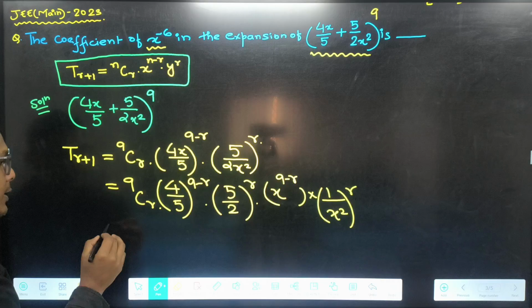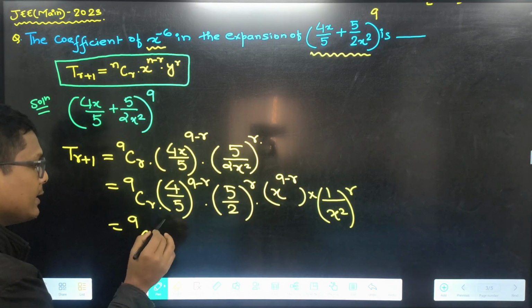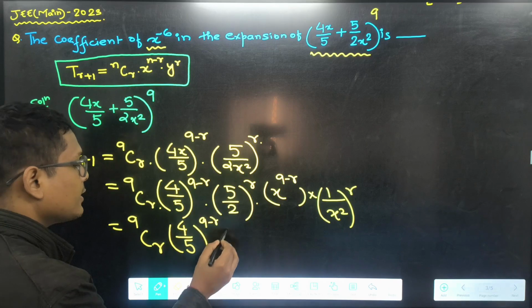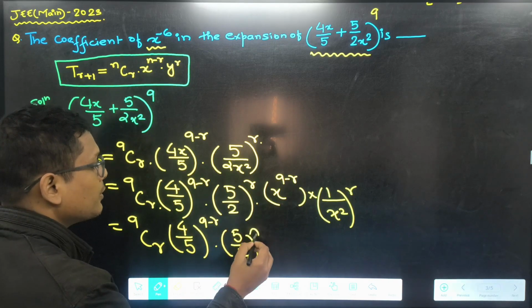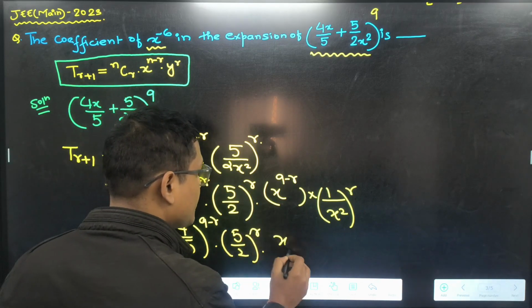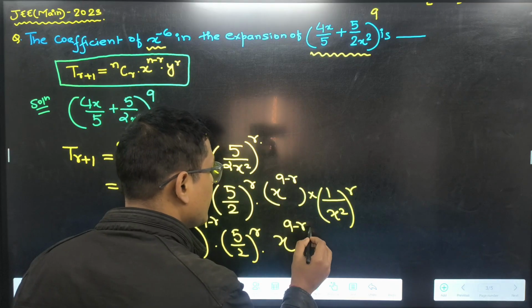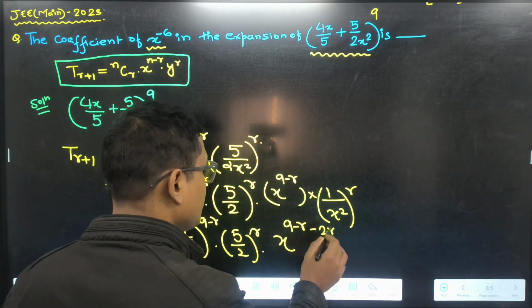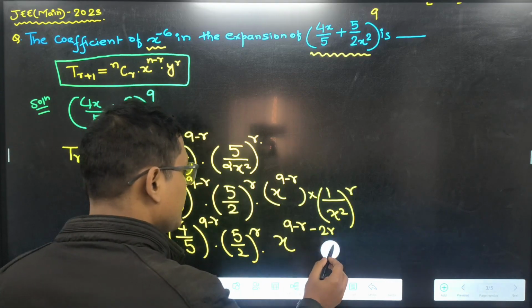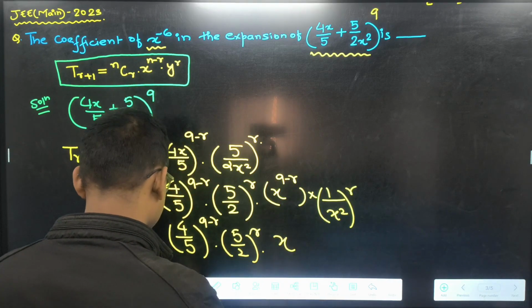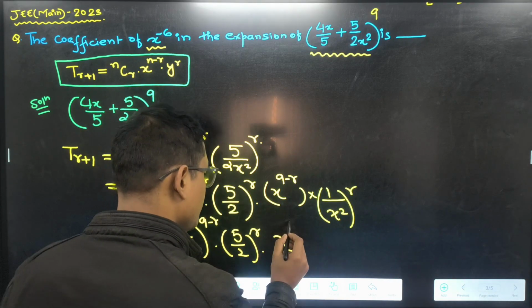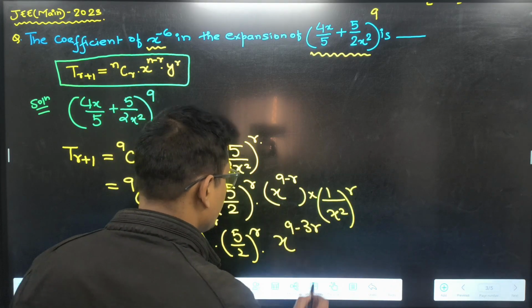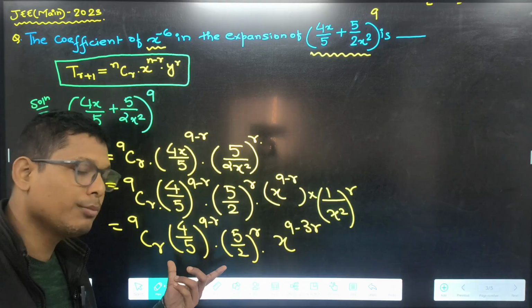So finally, we can simplify it as 9Cr into 4 by 5 to the power 9 minus r into 5 by 2 to the power r into x to the power 9 minus r minus 2r. That means it will become 9 minus 3r. So this is our general term of binomial expansion.